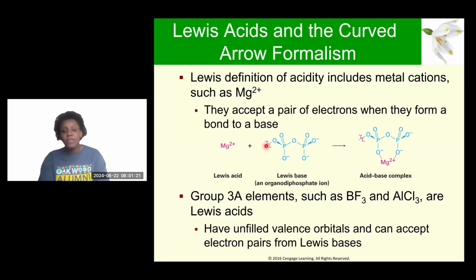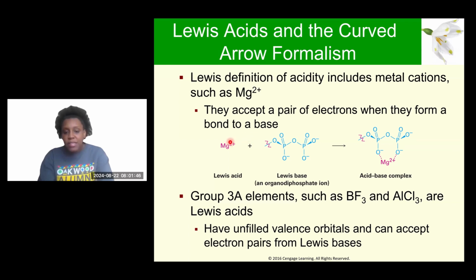All right, so Lewis' definition of acidity includes metal cations such as magnesium. Okay, and so this is a broader explanation of an acid or a base because we're looking at compounds that don't have protons available. So we often use the Lewis acid and Lewis base definition when we're dealing with things that do not have protons.